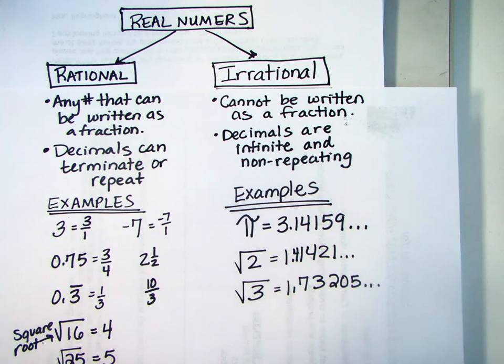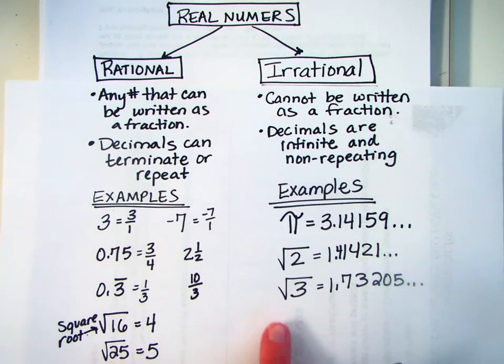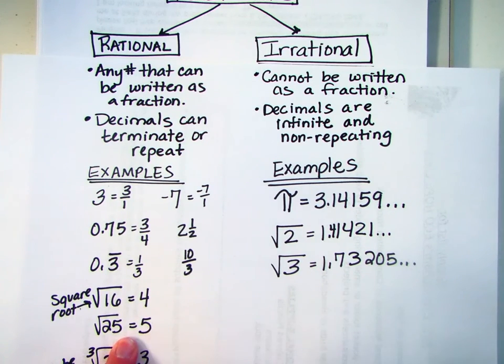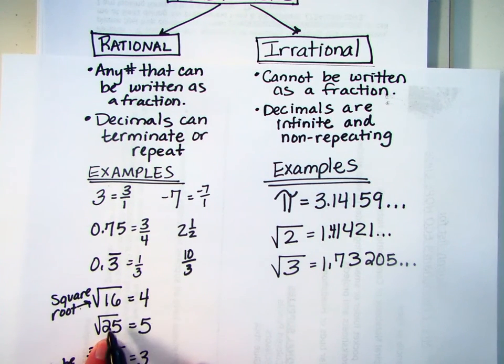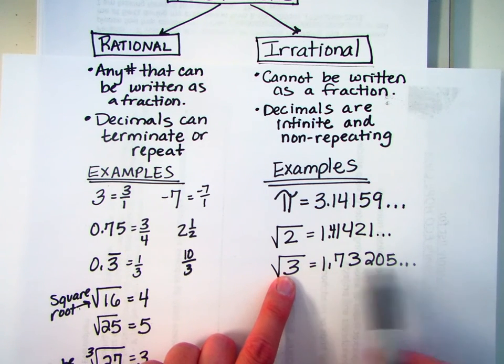No repeating pattern, infinite, falls under irrational. So, when you do square roots, if they come out as a whole number on your calculator, when you're taking the square root of a perfect square number, that's going to fall under rational. If you're getting a decimal, you need to know the decimal goes on, it is infinite, and it is an irrational number.